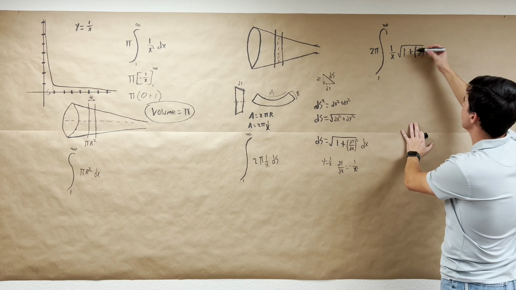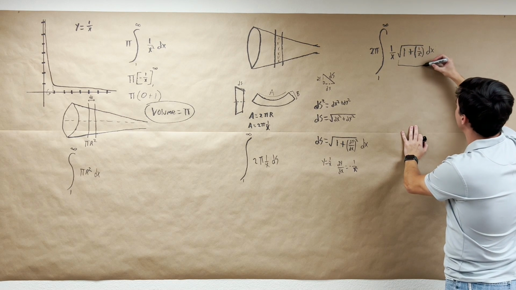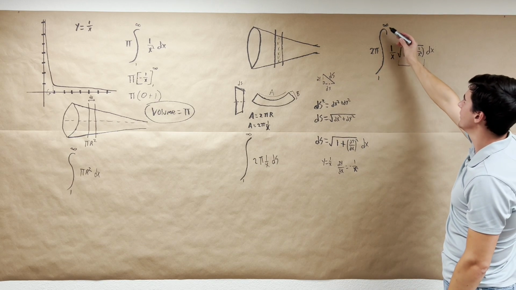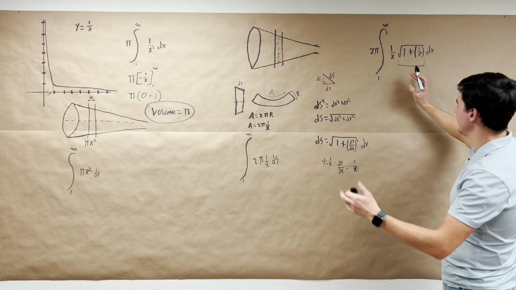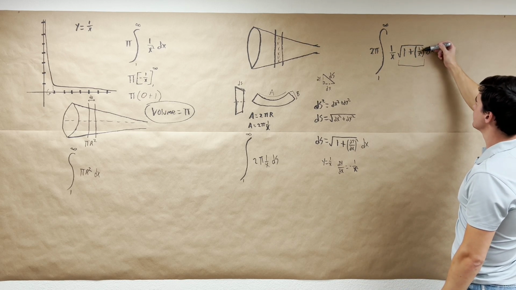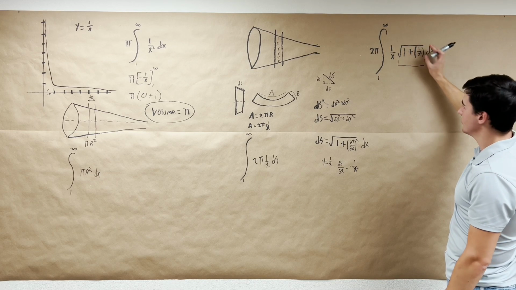So this whole part here, this square root of 1 plus 1 over x to the 4th, we know that we're going to be plugging in x values from 1 to infinity, anywhere in between there. So if we start with 1, we're going to have the square root of 1 plus 1 over 1, so we're going to have the square root of 2. So larger than 1.